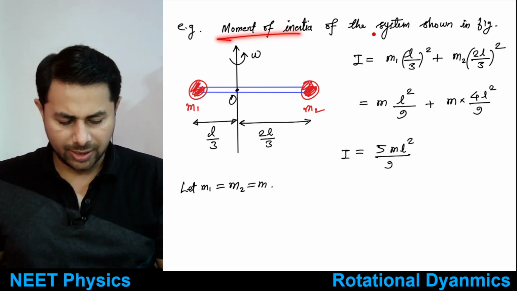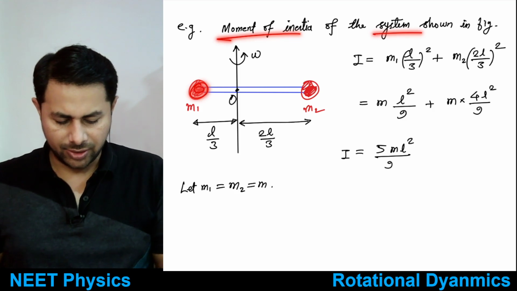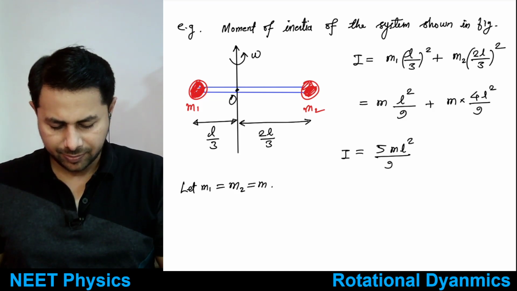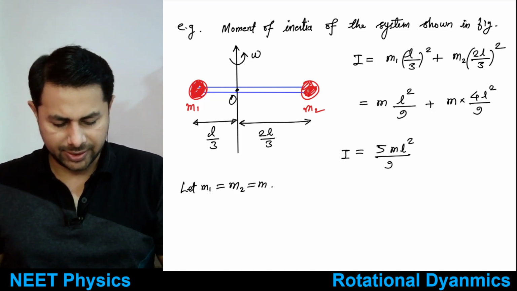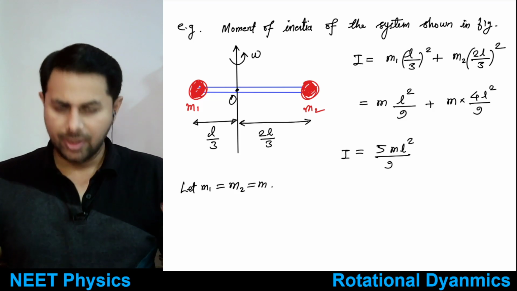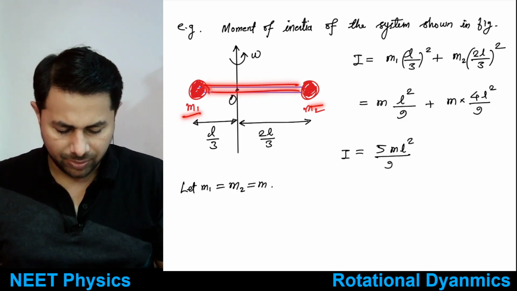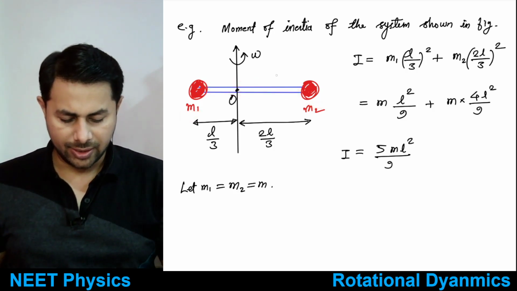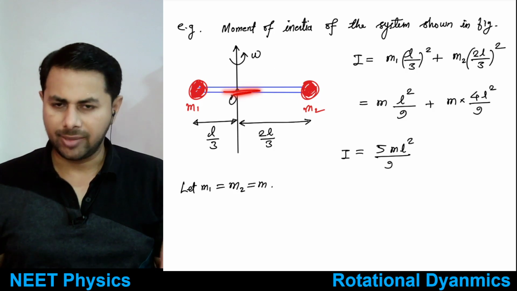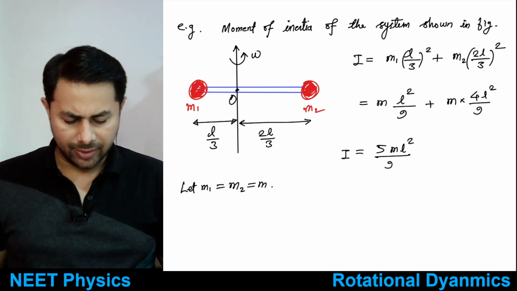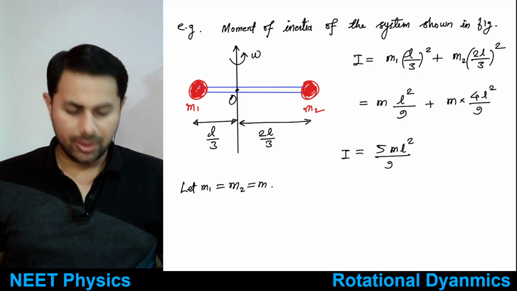So, the moment of inertia of the system shown in this figure. What is this system? You have two masses, two objects, two balls you can say, having masses m1 and m2, connected by means of a light rod. Let's assume that the rod doesn't have any mass. Then use the formula. What is I?